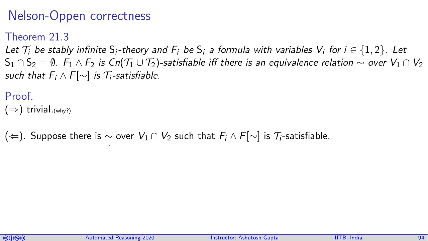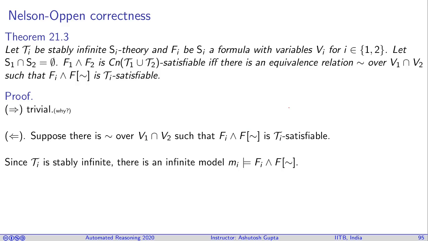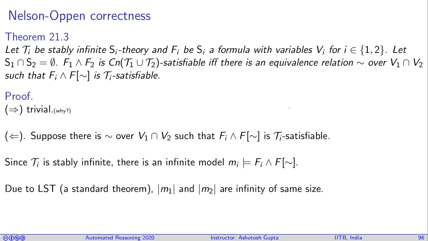Suppose there is an equivalence relation on V1 intersection V2 such that Fi and F tilde is Ti satisfiable. Then, since Ti is stably infinite, there is an infinite model Mi that satisfies this formula. Due to the LST theorem, which is a very standard theorem, if you can construct infinite models of two different formulas, then you can construct infinite models of some size, let's say countable size. Then M1 and M2 can be countably large.